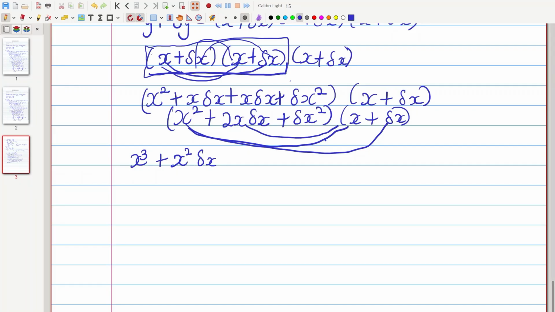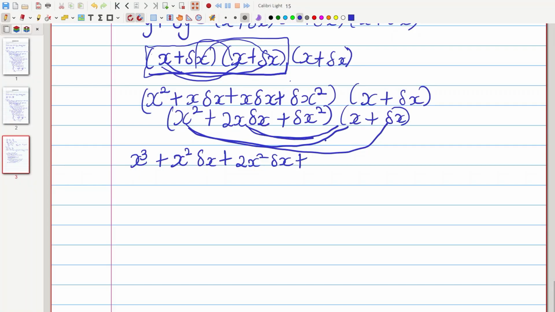2x times delta x, 2x delta x times x will give us 2x squared delta x, as this 2x times x will give us 2x squared plus delta x.